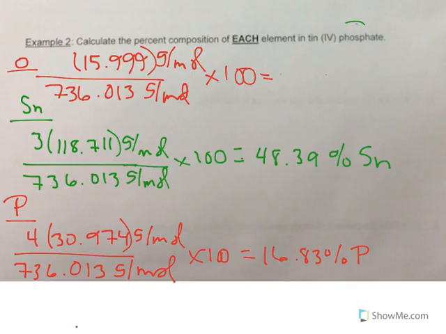Sorry, that is very hard to read. That is a 16. Excuse me. 16 times 15.999 divided by 736.013 times 100, 34.78% oxygen.